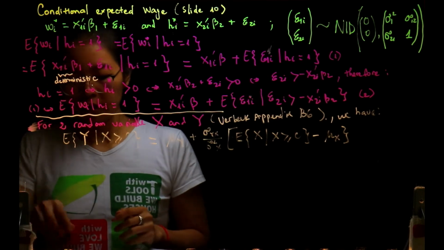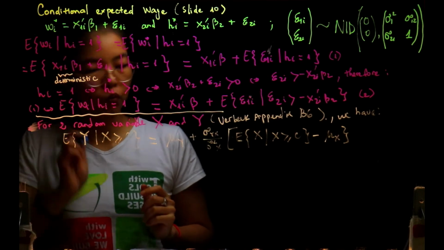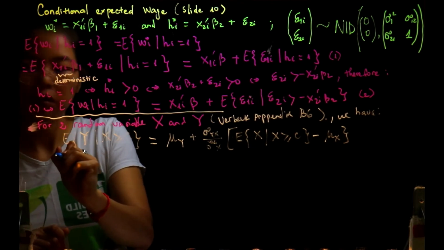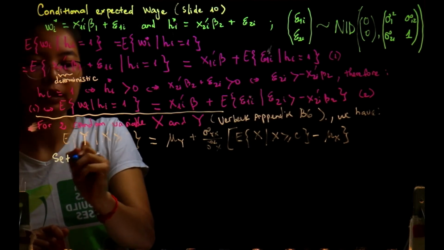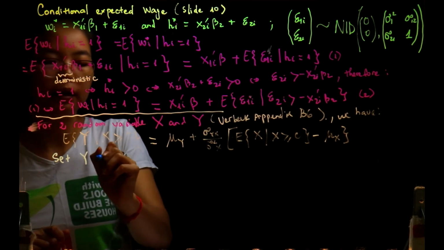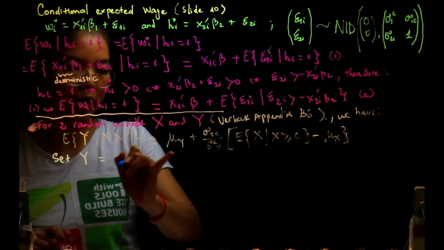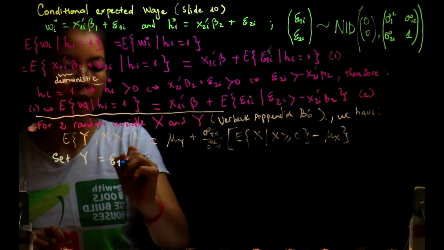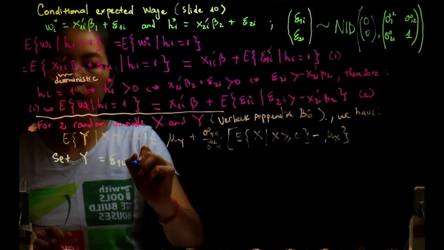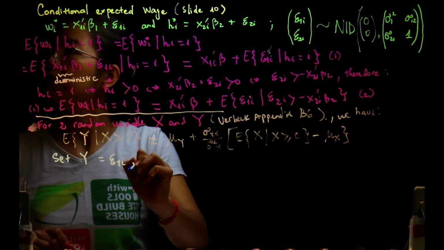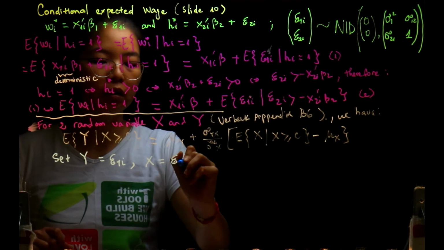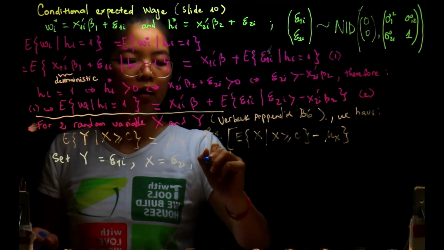Okay? Because that pen doesn't work. Change the color. So set y equal, so y and x in here, we plug it back to epsilon 1i in our model, and x is epsilon 2i.